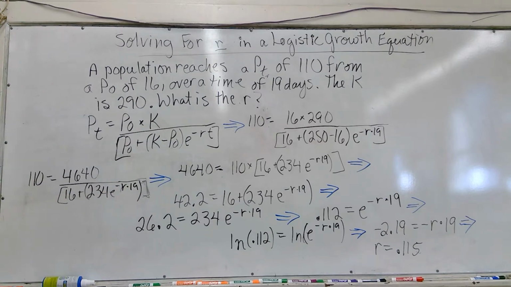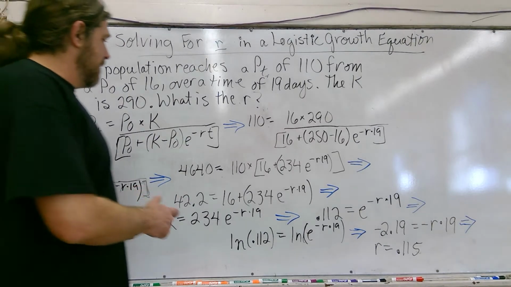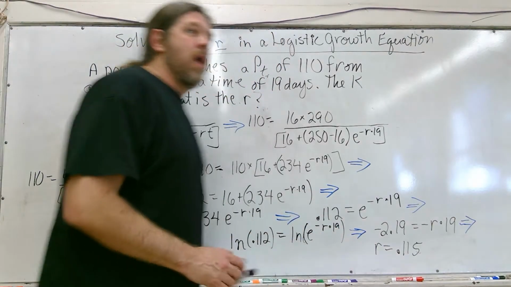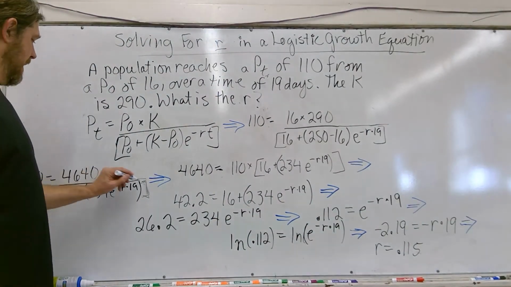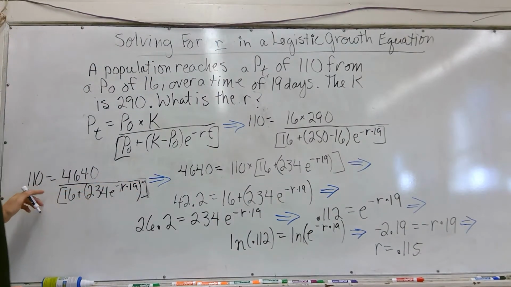From there, what we need to do is get rid of the fraction aspect of this problem and put everything essentially on a numerical line with each other. We do that by simply multiplying this side by the denominator, which isolates that side.